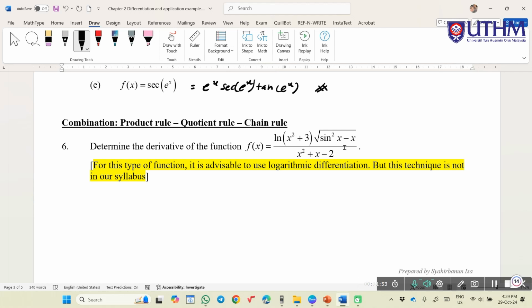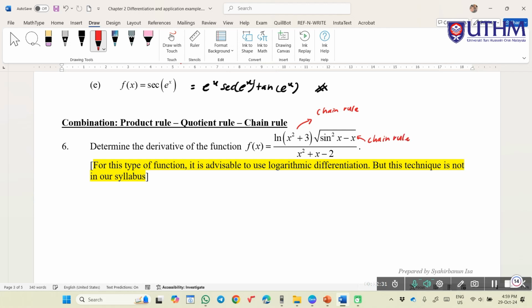I just want to show you what you can do if we want to use all three rules. For the ln of x squared plus 3, we can use the chain rule.